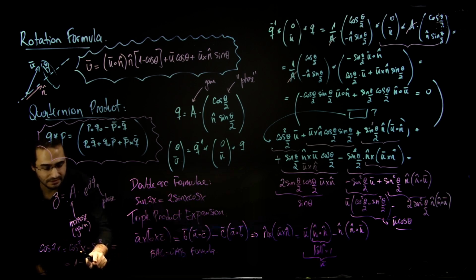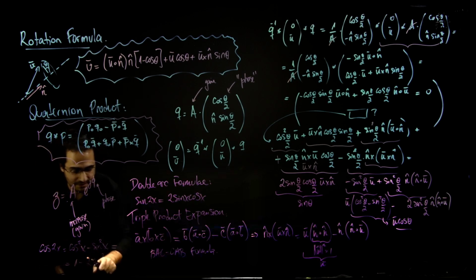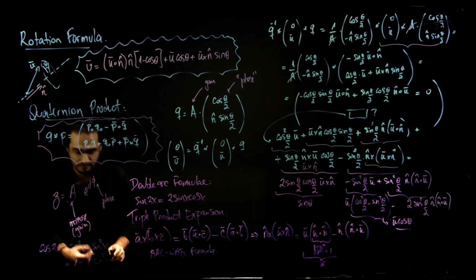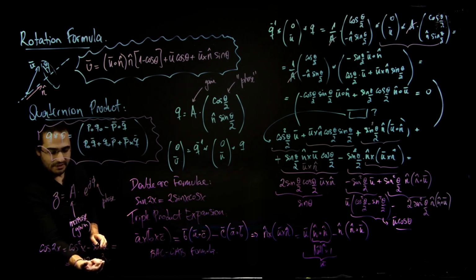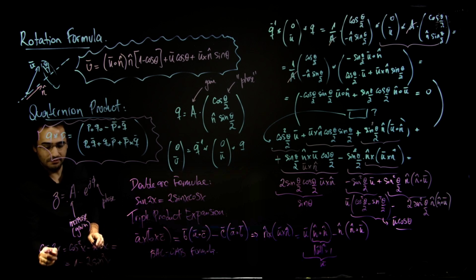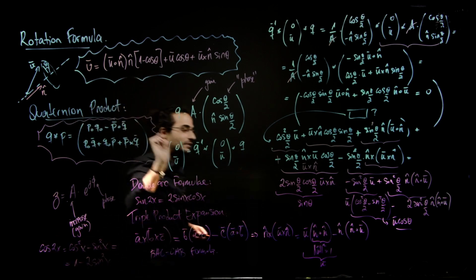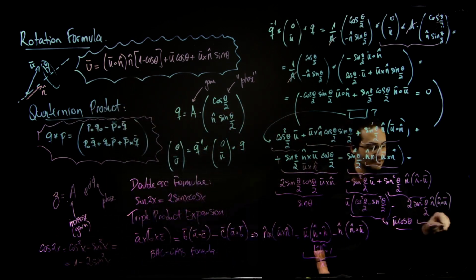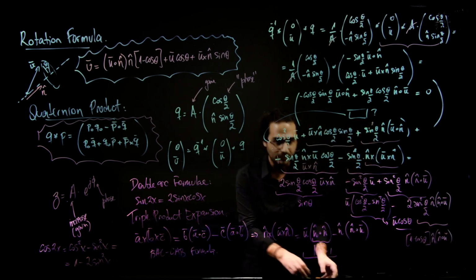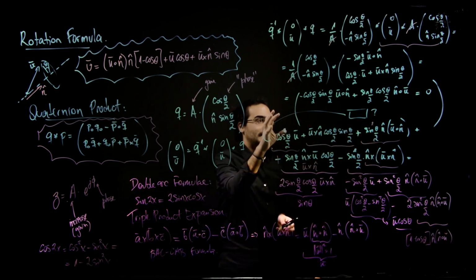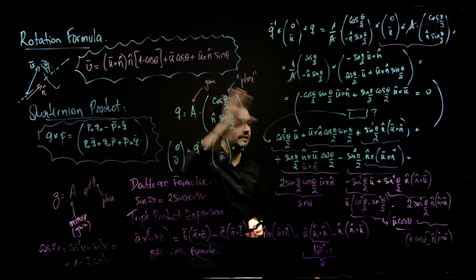And therefore, 2 sine squared is really equal to 1 minus the cosine of 2x. And if that's theta over 2, then it becomes 1 minus cosine of theta, and you have this final term. So this is really the final term that we have over there, which is 1 minus cosine theta. And therefore, what you have is the rotation formula downstairs.